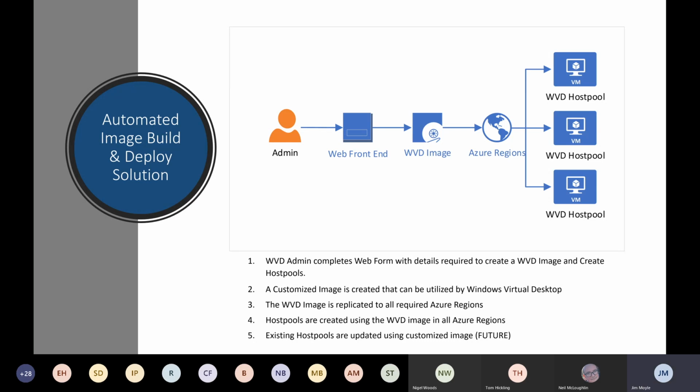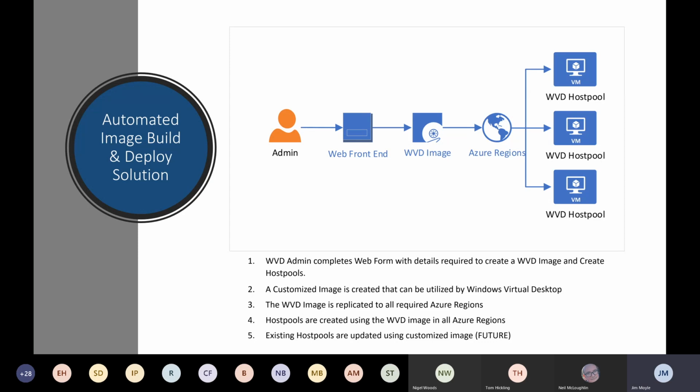So if we look at this in terms of a flowchart of what we want to do. If you're an admin of a WVD environment, you want to be able to create an image, replicate that image around the world, and then create host pools from that image that's stored locally inside your region.